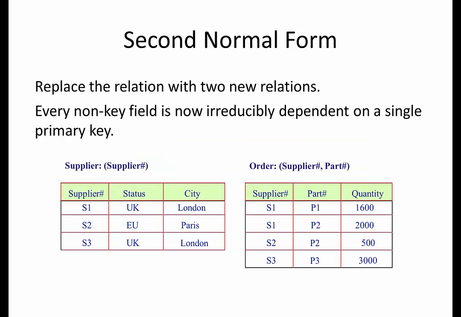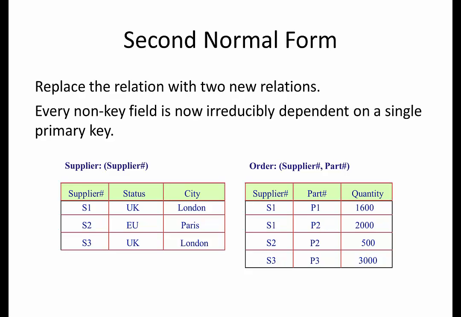Okay, so what do we do? We take that relation and we split it apart into two new relations. In this case, we've got a list of suppliers and a list of orders. The city and the status are both just dependent on the supplier. So we have a supplier table with its primary key.